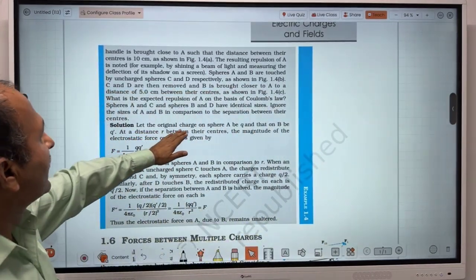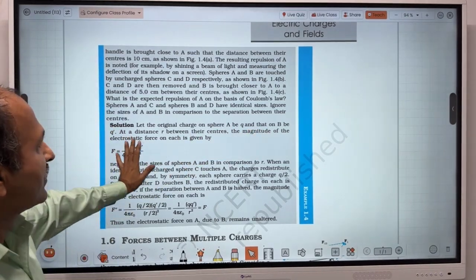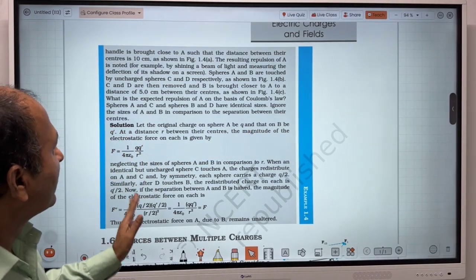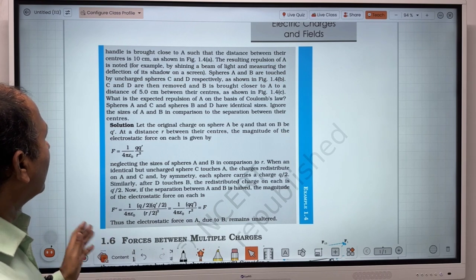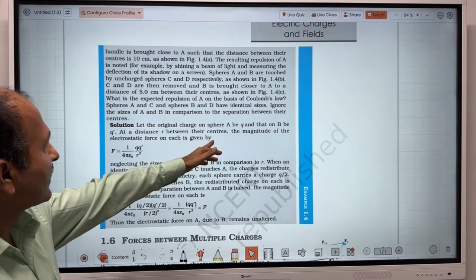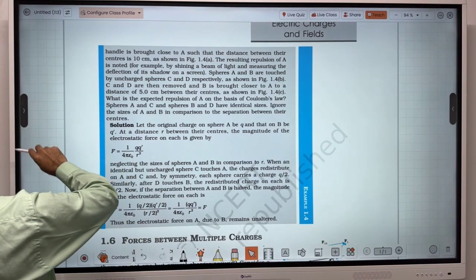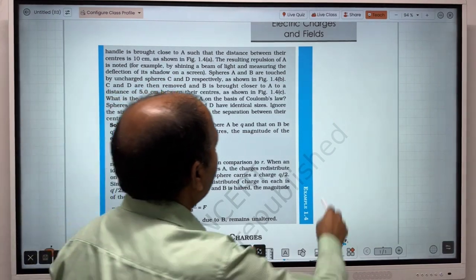Here let the original charge on sphere A be Q and that on B be Q dash. So two bodies are having different charges, right? Now what happens? At a distance R between their centers, the magnitude of the force on each is given by, as we have discussed, a situation like this.